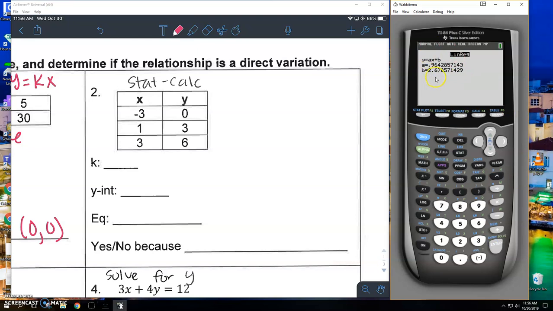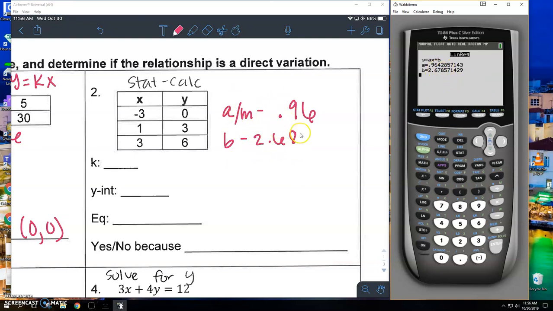And this is what I'm given for my slope and my y-intercept. So I'm going to round to 2 decimal places. So my slope is 0.964, so 0.96. And my y-intercept is 2.68. Okay, the 8 rounds up to 7.